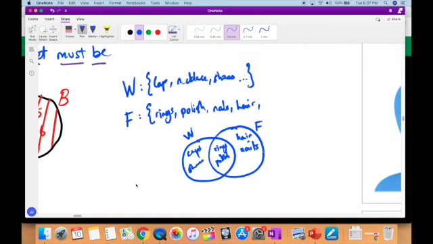Right? Now if I was to have W minus F, that means that everything in F, whether it intersects or not, everything in F I am throwing away. Yeah? So if I throw away that, that means that W minus F is just going to be caps and shoes.